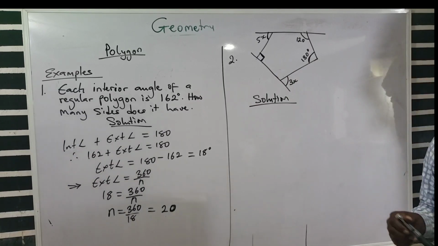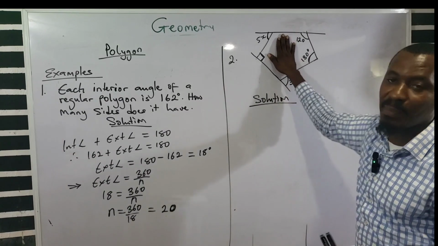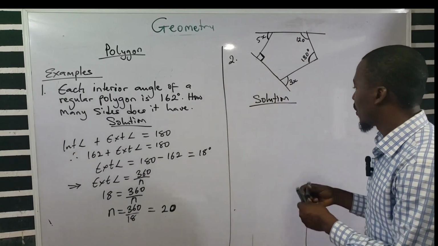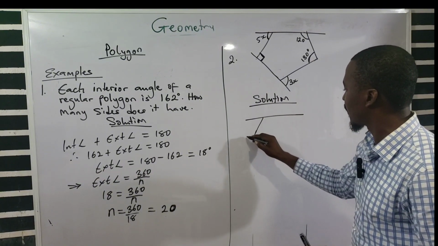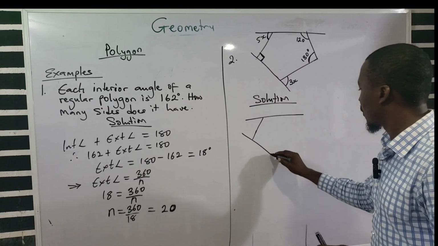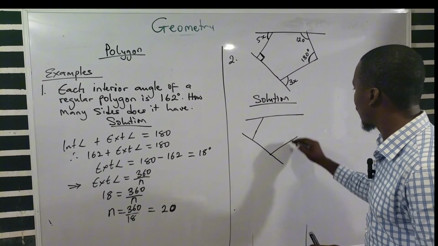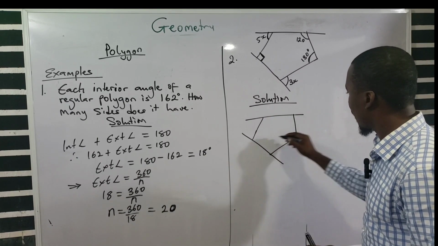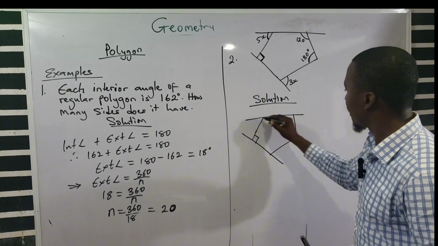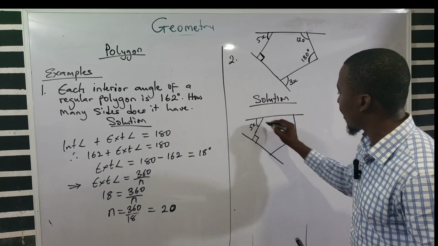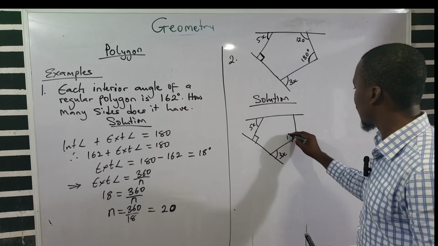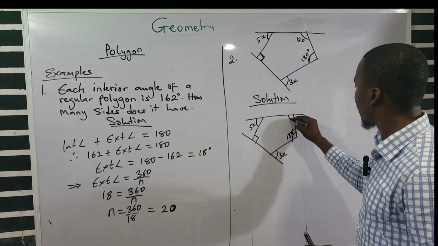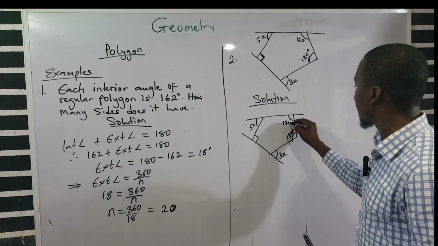Okay, so the first thing I will do is to recreate my diagram. So let's recreate that diagram. That will give us something like this. So I will make it small. Here is 90 degrees. Here is 5x. Here is 3x. Here is 130. And here is 120.